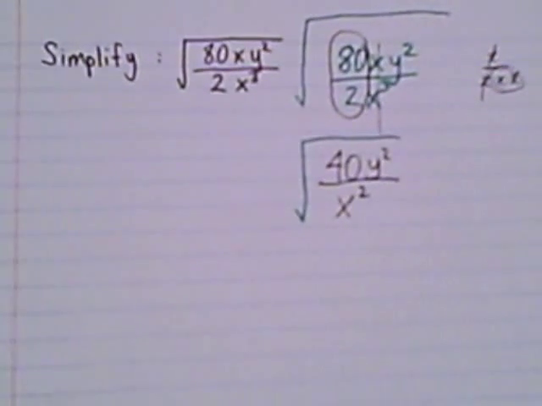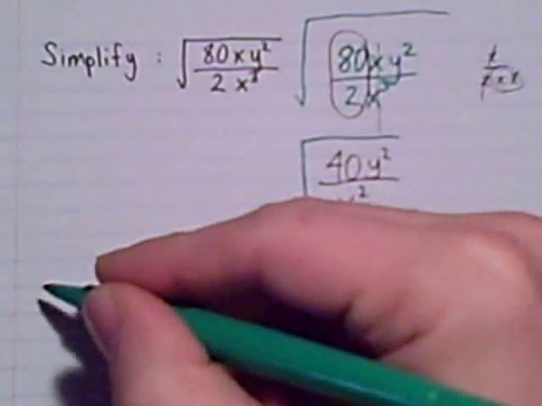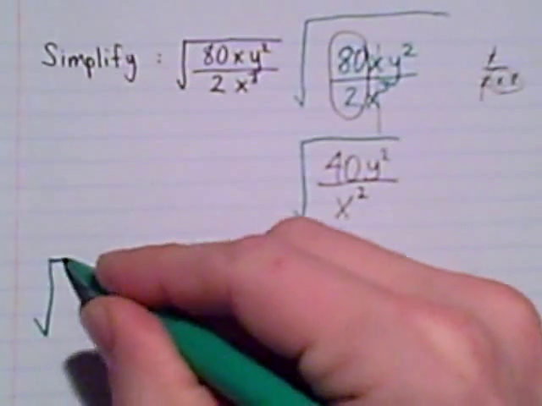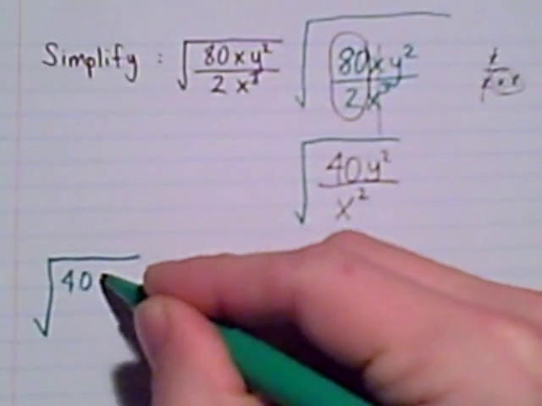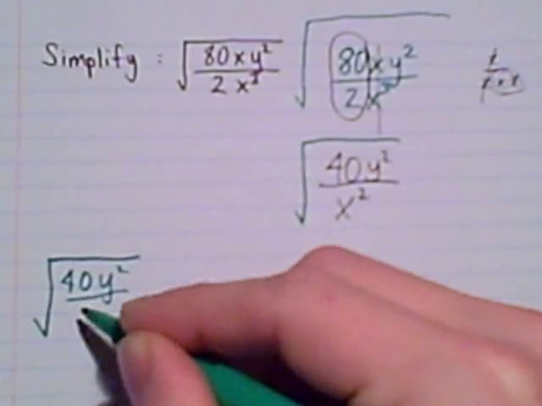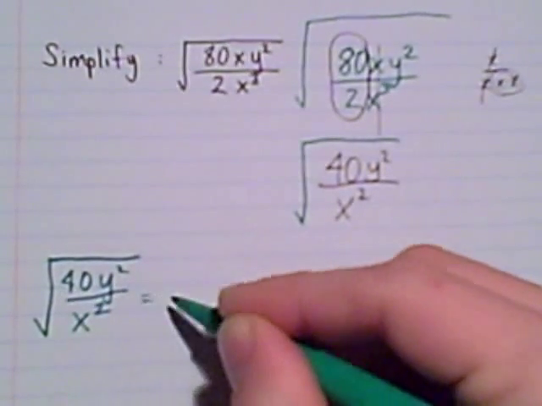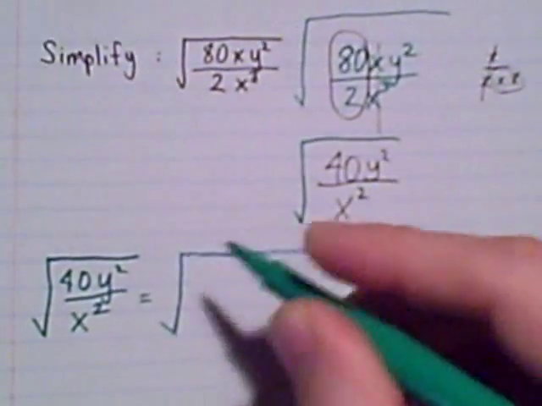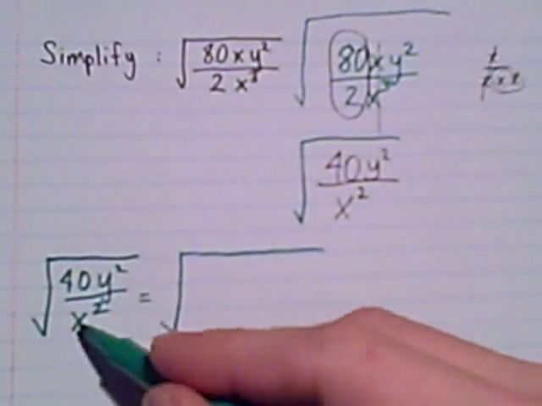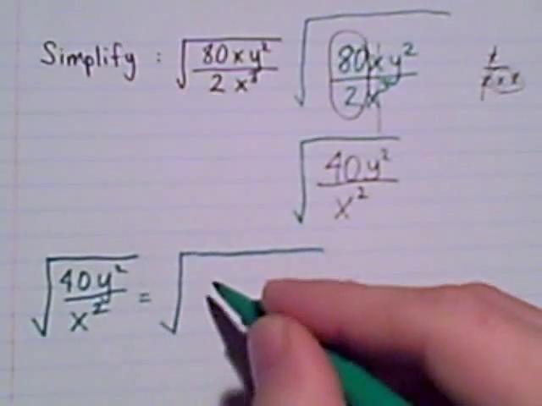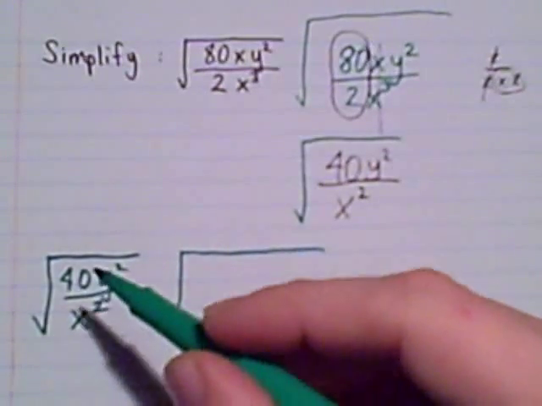It's still all inside of a radical because I have not done anything about locating pairs or perfect squares. We'll come down to this next line. 40y squared over x squared. And now I'll break this radicand, numerator and denominator, up into all the prime factors.